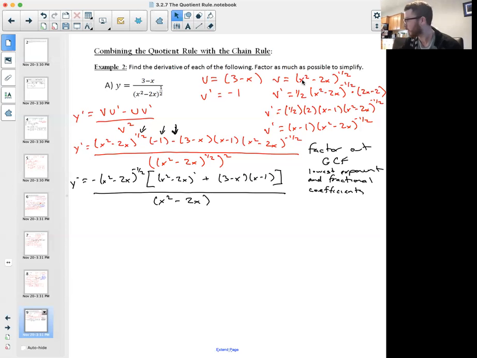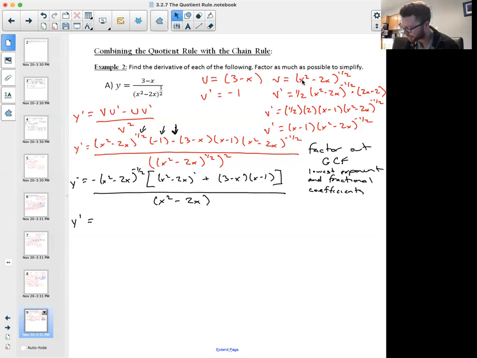Right, because we multiply that by itself, we're just adding the exponents. Okay. So where are we now? Okay, so y prime is equal to x squared minus 2x.